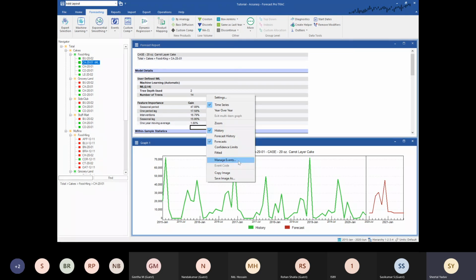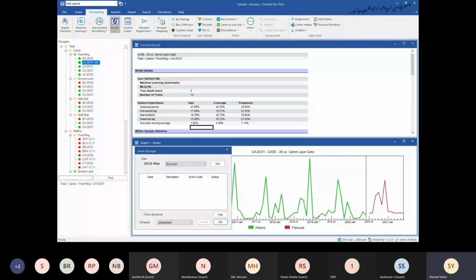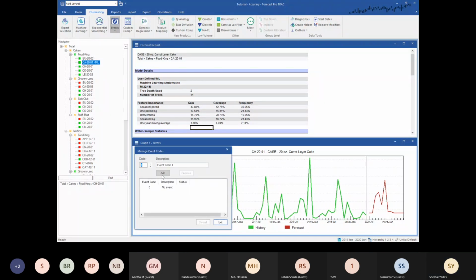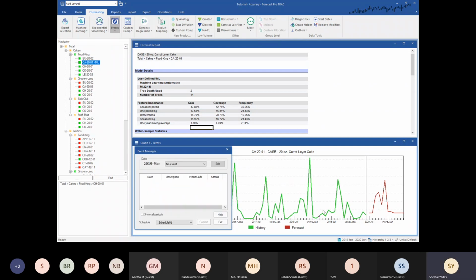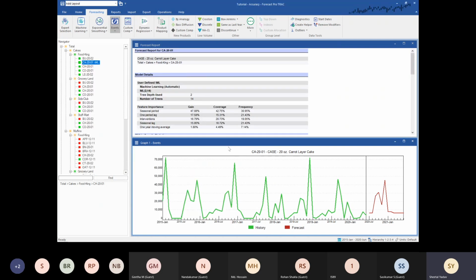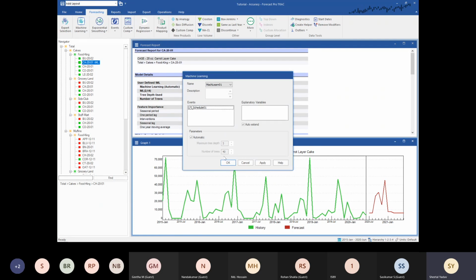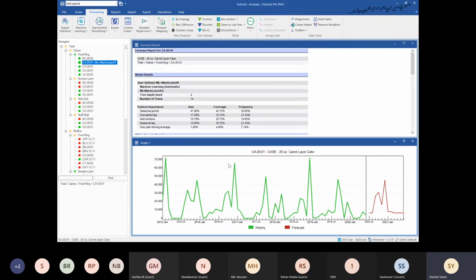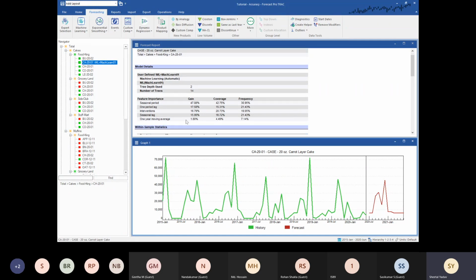Let me create an event. I'm just going to create a random event one. So I've created a random event and I'm going to mark that for a particular month. And I'm going to tell the system to use machine learning, but use this schedule that I've created, which is for my price variation. You can see it is not even considering that event at all in my feature importance.